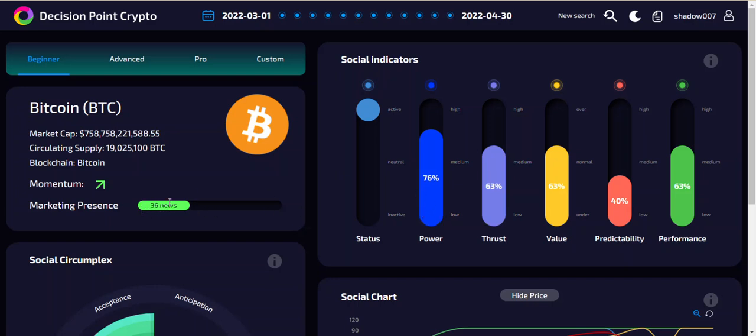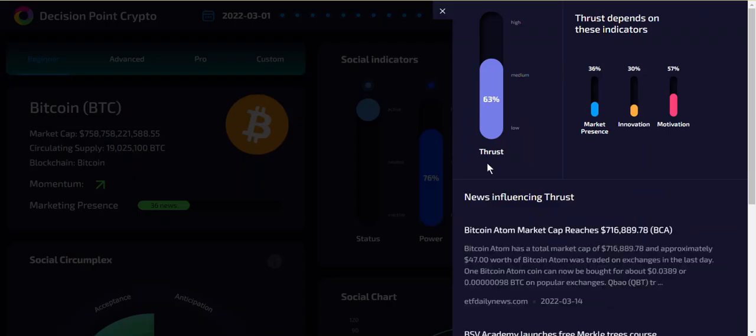What is it pulling information from right now? The power is 76. I think that's good, right? The thrust and so forth. So what do you understand when you say the power is 76, the thrust is what? What news influencing thrust?